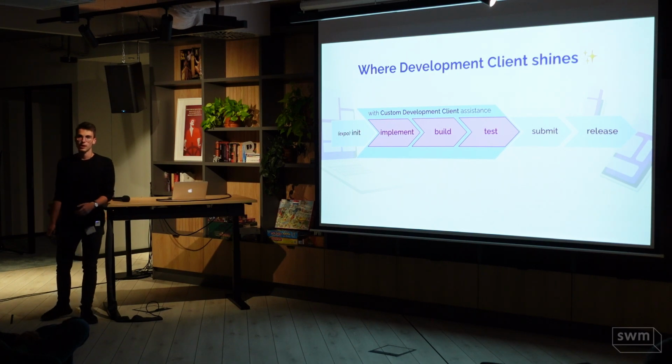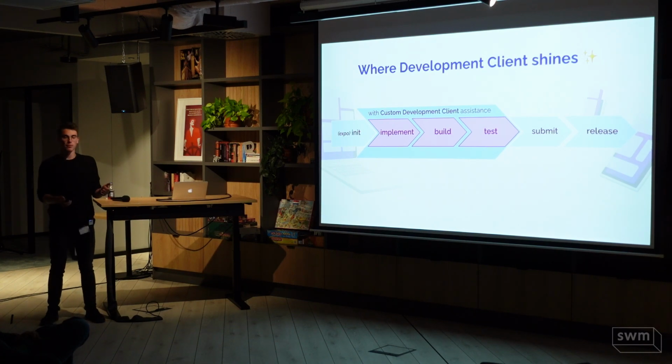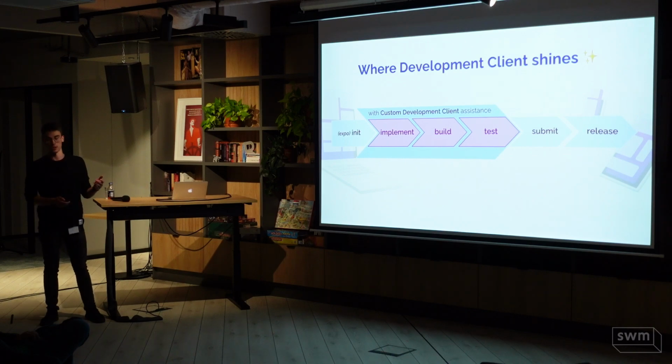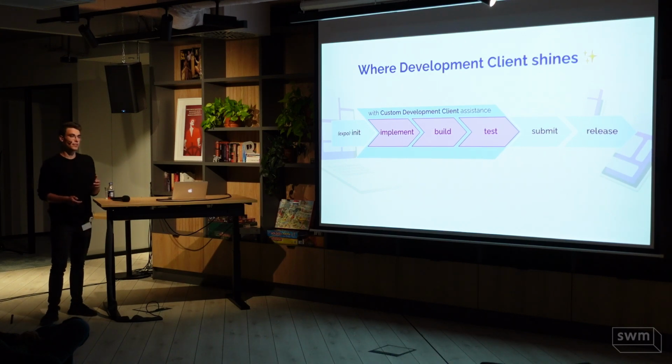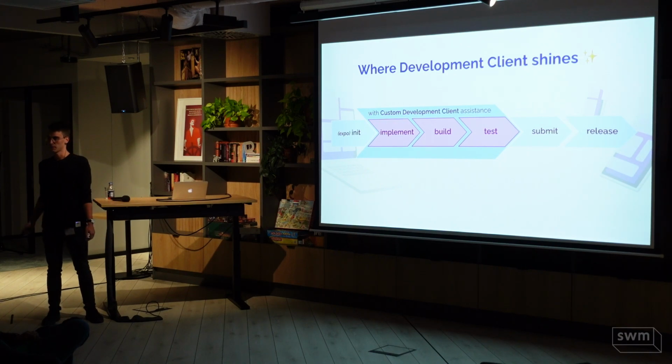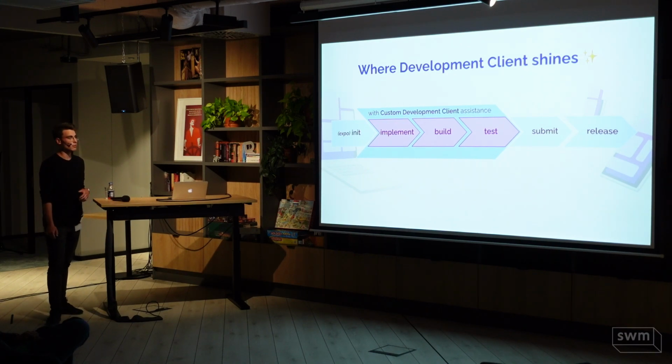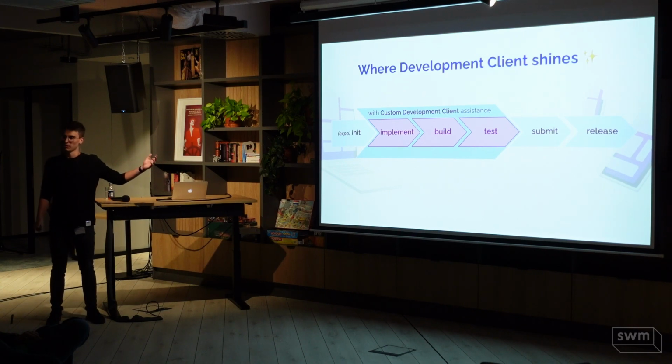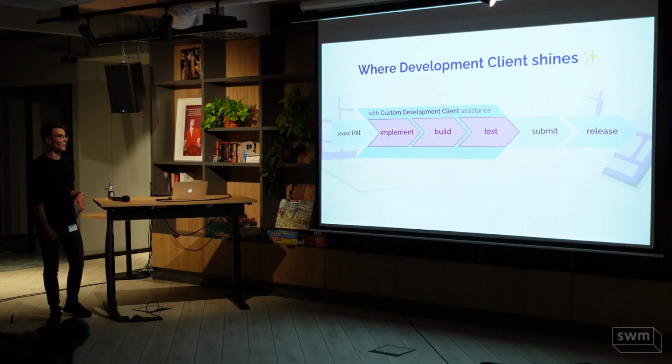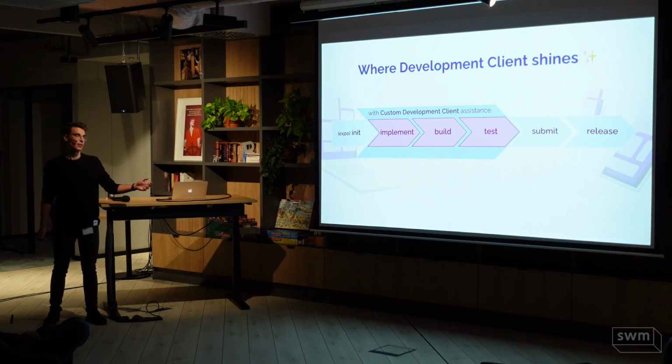We had to give developers the freedom and simplicity known from Expo Go. So we created a custom development client, which will help you with your JavaScript code. At the end, it will help you in those 3 phases of the development pipeline. So development client shines in the implementation, build, and test phase.